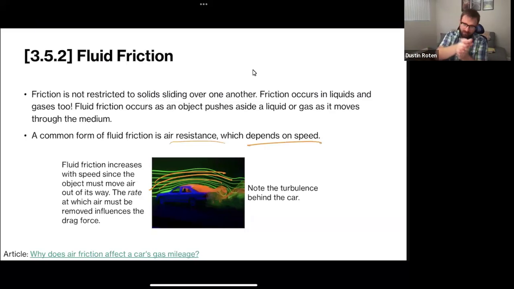Regular friction does not, but air resistance and fluid friction do depend on speed. This is important to note: fluid friction does increase with speed since the object moves air out of the way. How fast it has to move air out of the way is what drives that. And if you're interested, I have included an article here about why air friction affects your gas mileage, if you want to read a little bit more on that.